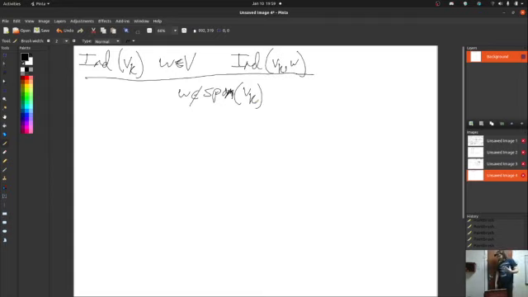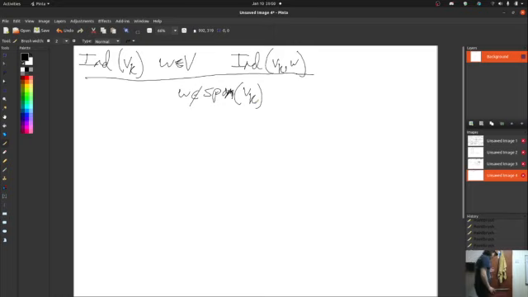Independence in VK means for every sequence of lambda k's, lambda 1 v1 plus dot dot plus lambda n vn equals 0 implies that lambda 1 equals dot dot equals 0.